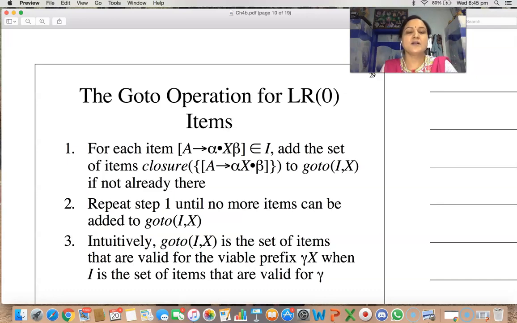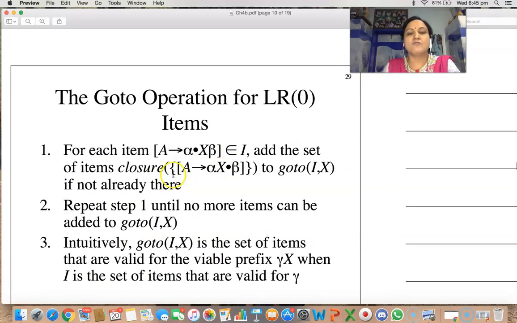Capital X stands for terminal as well as non-terminal symbol of the given grammar. So after that, if any symbol is there, we are adding the set of items into the closure as A tends to alpha X dot beta. It means we take a transition in the DFA. So when we take a transition in the DFA, this dot gets shifted to the next symbol. So add the next item as closure of A tends to alpha X dot beta.